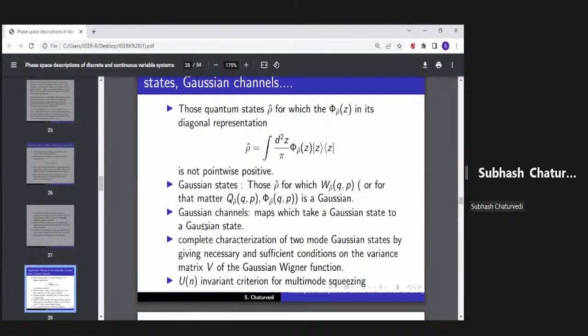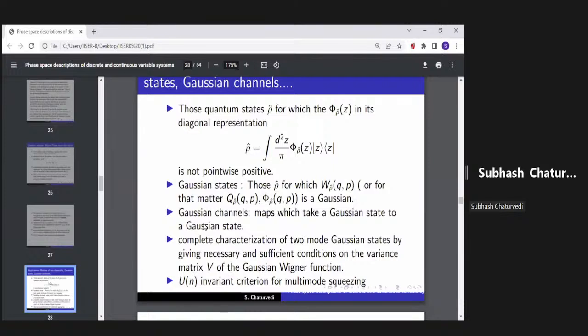Remember that the Gaussian is completely specified by its variance matrix. So a Gaussian state is completely specified by the variance matrix associated with its Wigner distribution, and this possibility makes it possible for us to give a complete characterization of two-mode Gaussian states, and entanglement of two-mode Gaussian states, as was done in Simon's work.